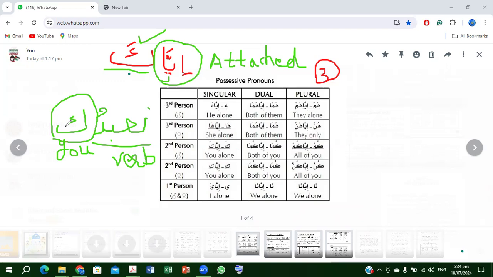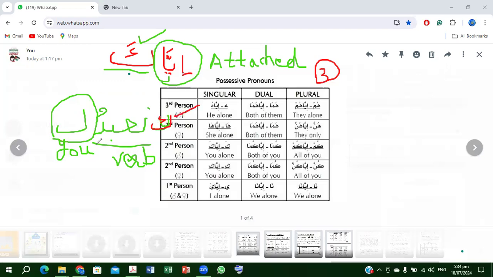So ka has to be in the beginning. So we cannot say just ka na'budu, right? It looks very alone and awkward, and it cannot come alone, actually. If I want to bring ka in the beginning, because I want to give more focus on ka, you we worship.